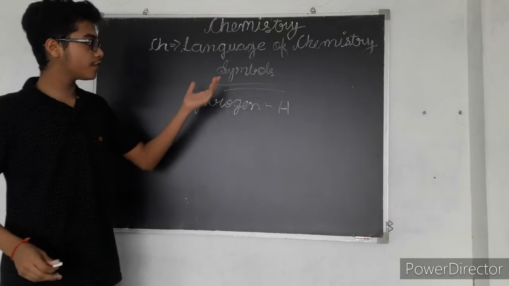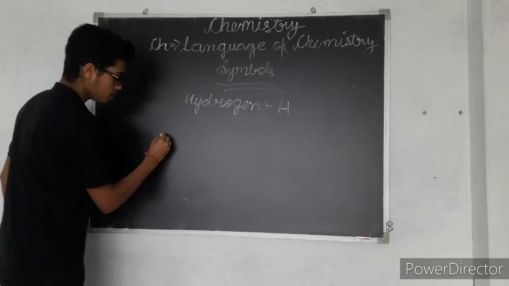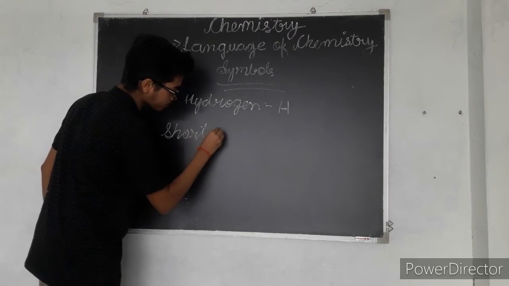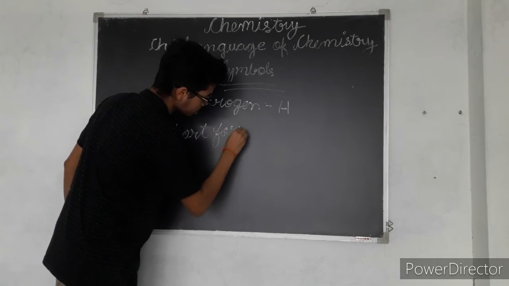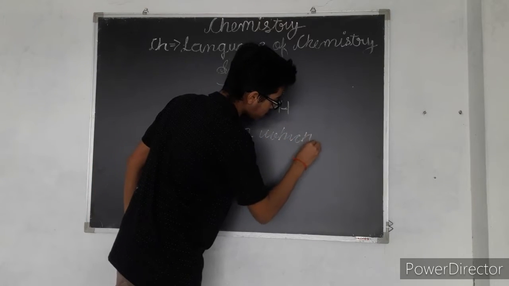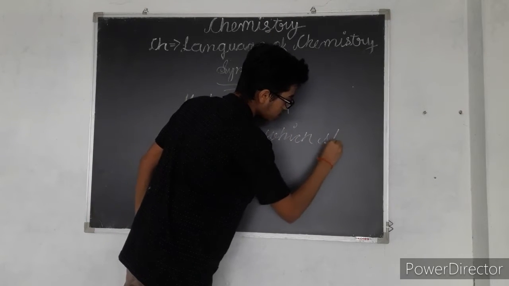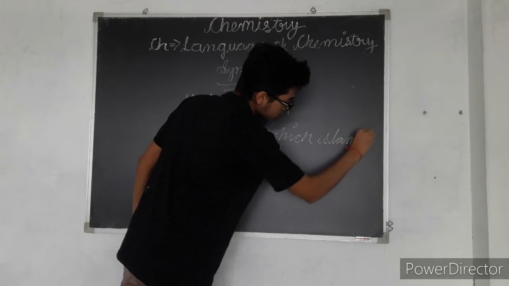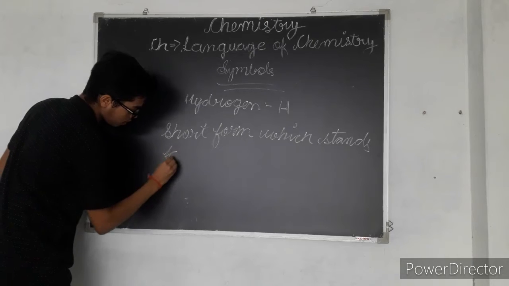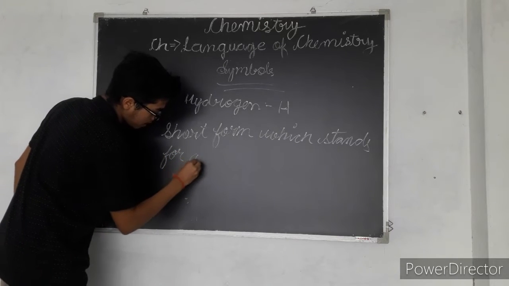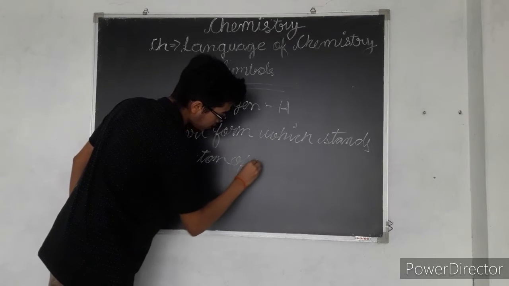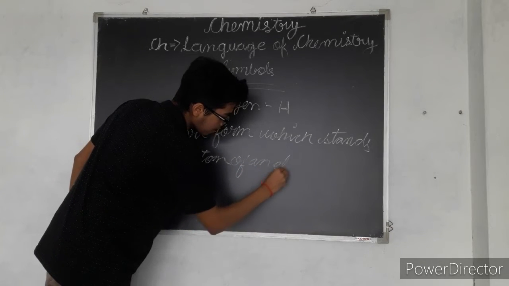So the definition of symbol is: a short form which stands for an atom of an element.